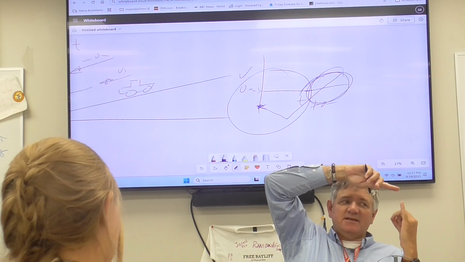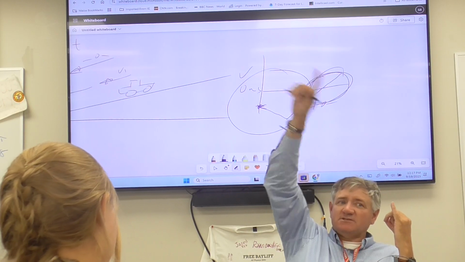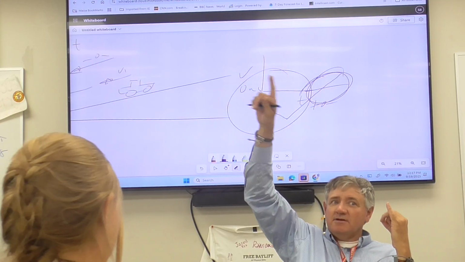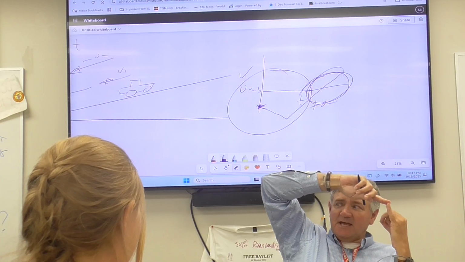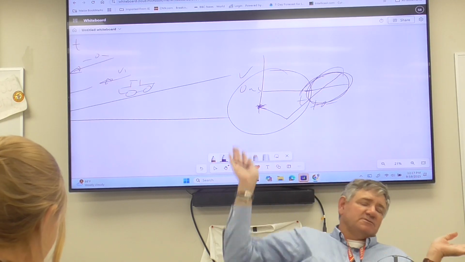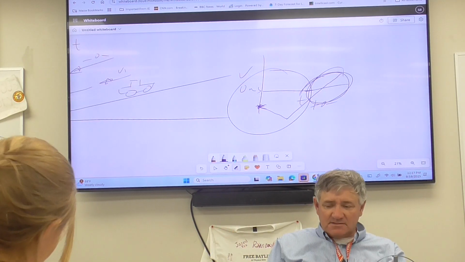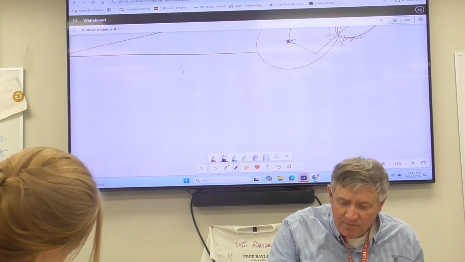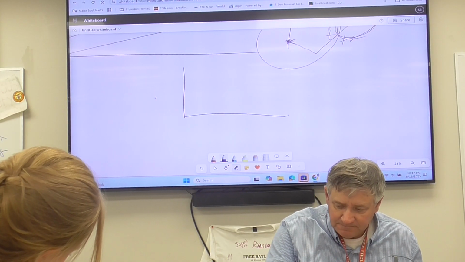Instantaneous velocity, which is the slope of that tangent line. So if I ask you to find the slope of the tangent line, do I actually want you to draw the line? No, I just want you to find out how fast this is.